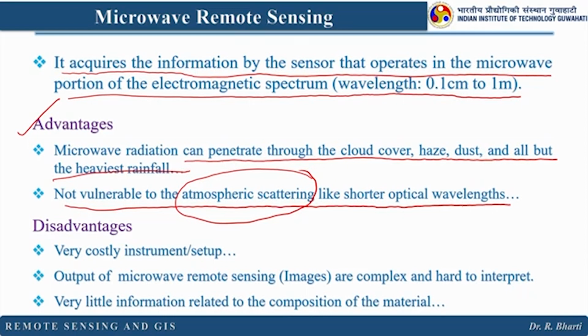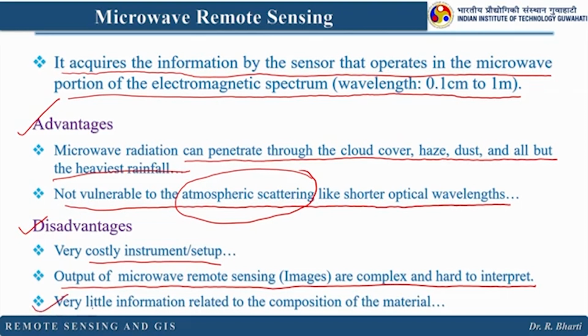But the disadvantages are that it is very costly, and the output of microwave remote sensing is complex and hard to interpret. It is not as easy as optical data. In optical data you have only one DN number, but here it will be in complex form, A plus iB. So let us see one by one.